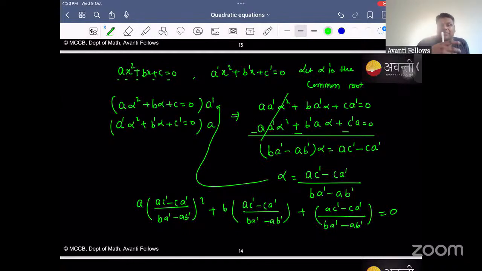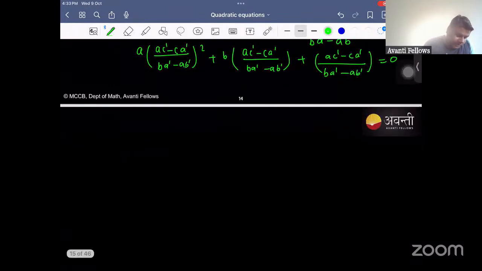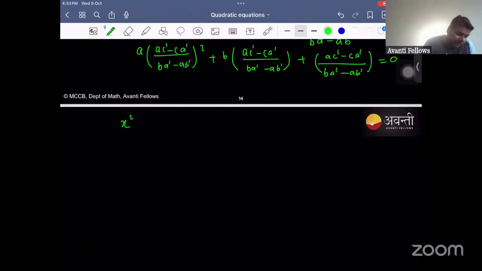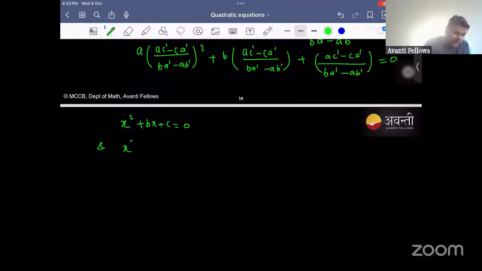Now there is another way, Cramer's rule also. You will get the same relation from there again. Like a simple question, if I ask you, say we have the quadratics x square plus bx plus c equals 0 and x square plus cx plus b equals 0.